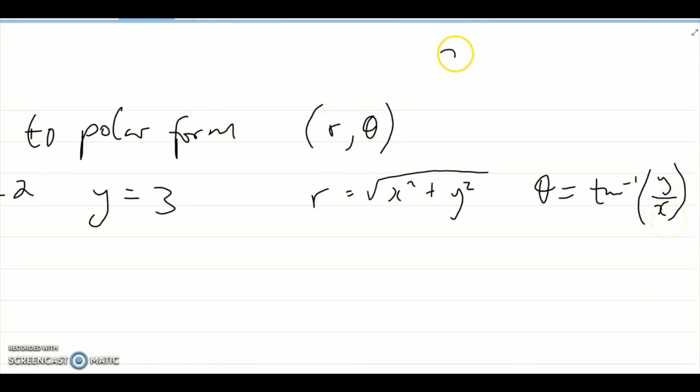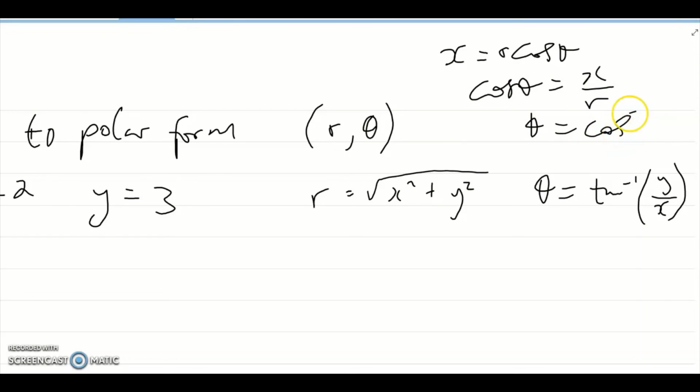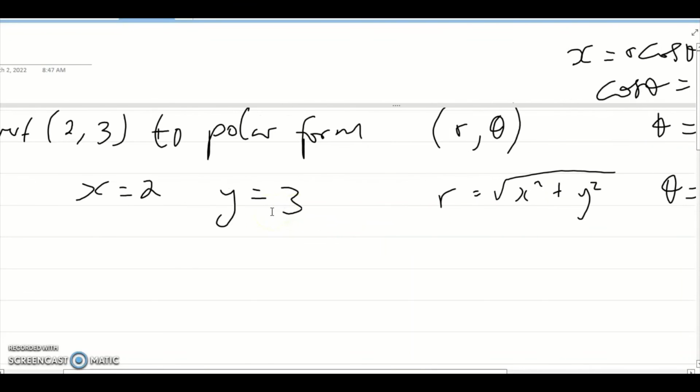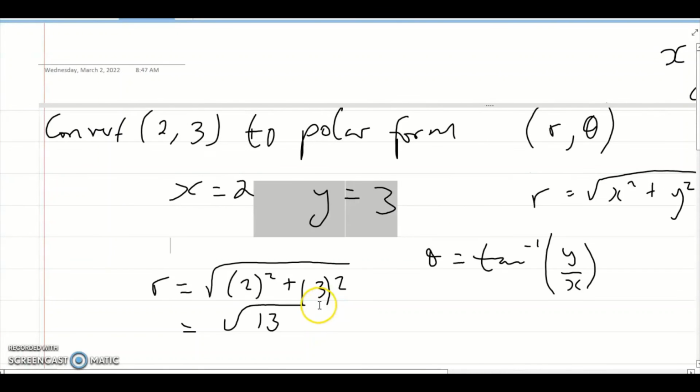If we use the alternatives where we know that x equals r cos theta, cos theta equals x over r, and theta equals cos inverse of x over r, you're still going to get the same answers. So you can use any of these formulas. We go on just plugging in. When we plug x as 2 and y as 3 in our formula for the radius, we get root of 13.